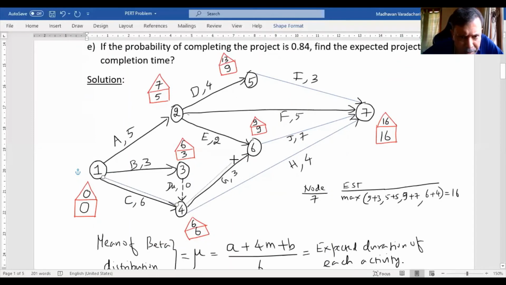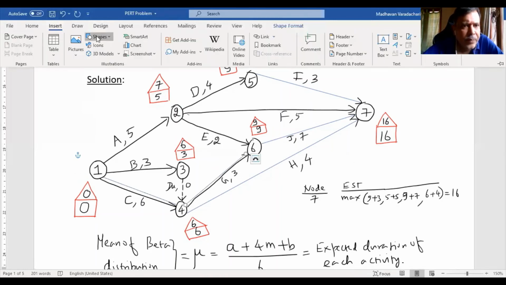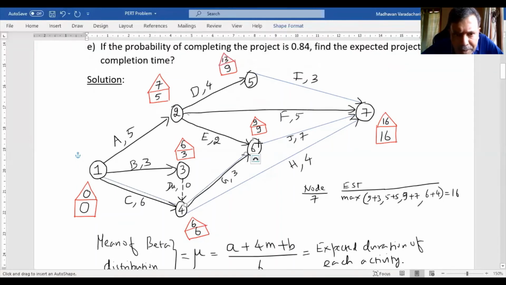This is 9, 9. Okay. Next, from 9, 9 to 16, 16. Right. So wherever I have drawn the double lines, two lines are there.